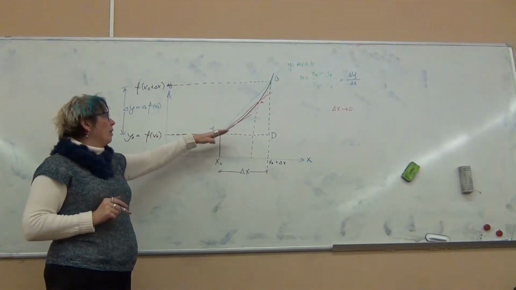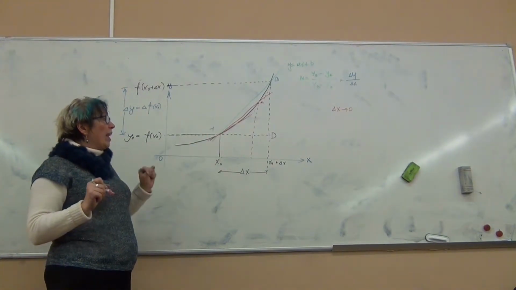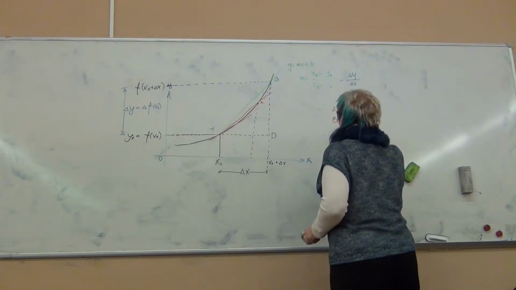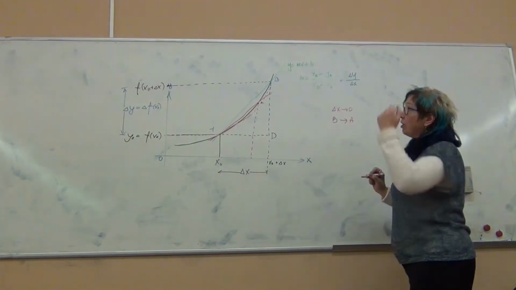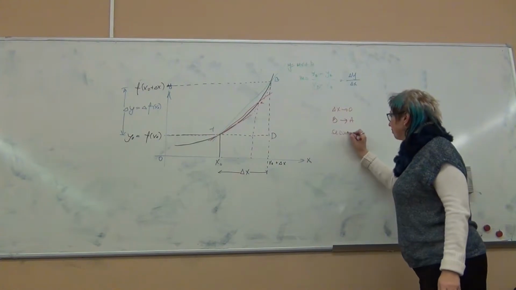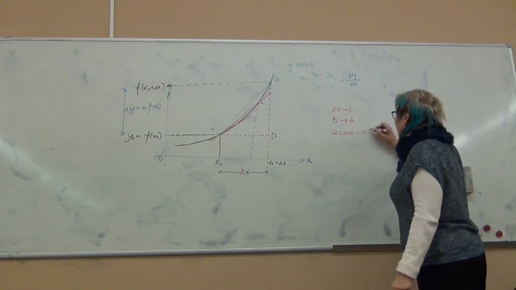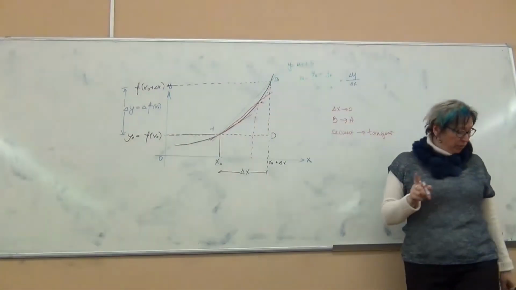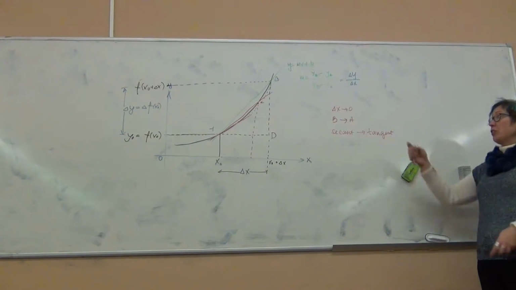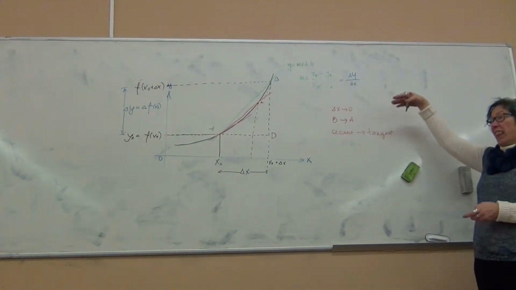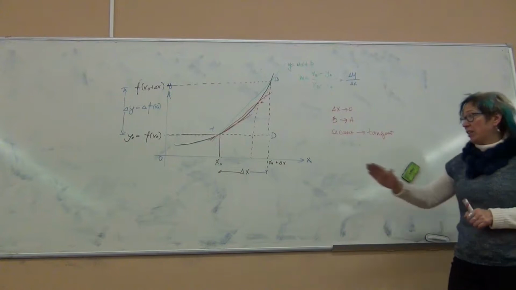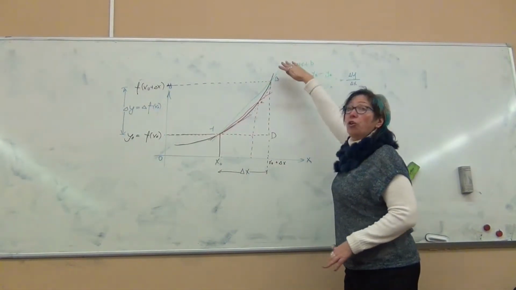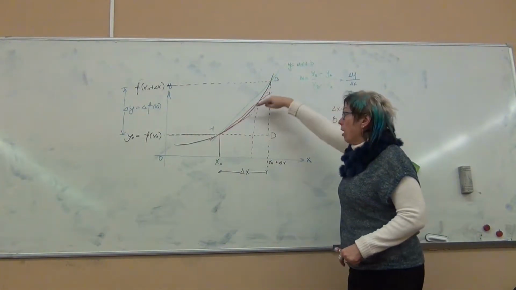So we can say that if delta x tends to 0, the point B approaches the point A, and the secant approaches the state of being the tangent line. The secant approaches the tangent actually. This is of course all very approximate, but that's what's happening. If I decrease delta x, B approaches the point A along the graph.